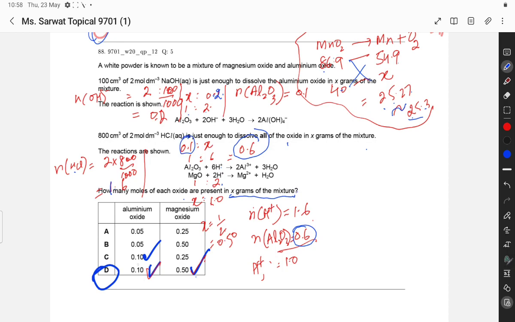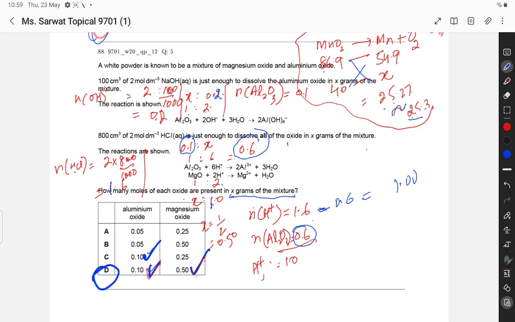The mole of aluminum oxide is 0.1, in ratio 1:2 with the acid, and magnesium oxide is what remains. 0.6 mole is used, and 1.6 minus 0.6 is equal to 1 mole of hydrogen ion left.